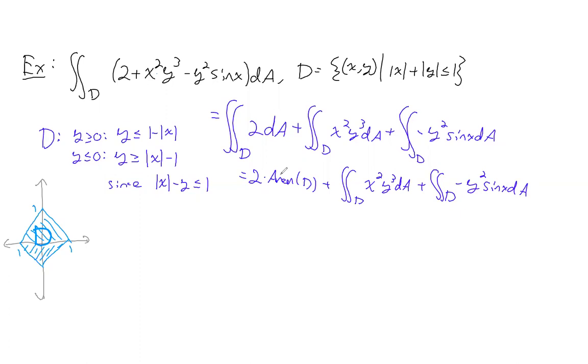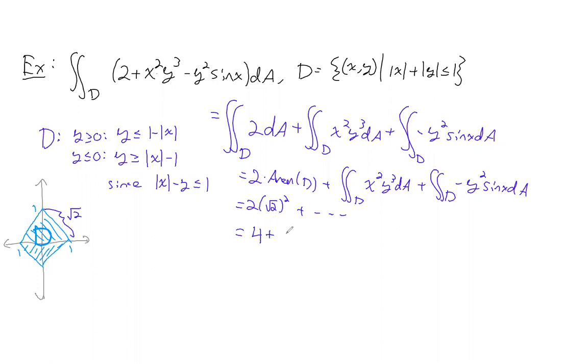Okay, so now that we've done this, 2 times the area of D. Well, what's the area of D? We can see that each of these lengths is root 2. So the total area of D is just root 2 squared, which is 2, times 2, or that's just 4.